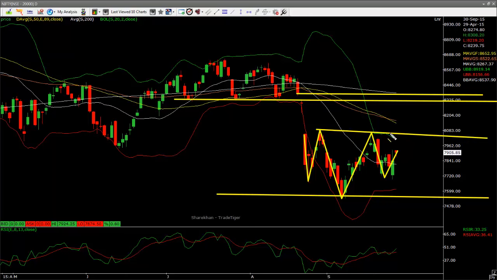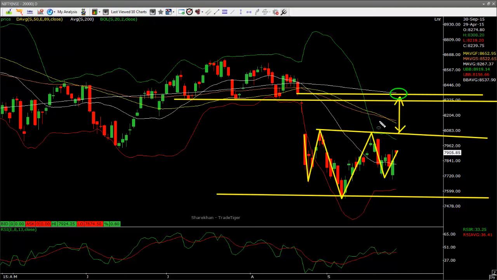So possibly we might move back into the 8,000 level, and then from 8,000 we might try and come back and fill this gap. So, and again, if we come till here, then another major aspect is the 200 DMA.